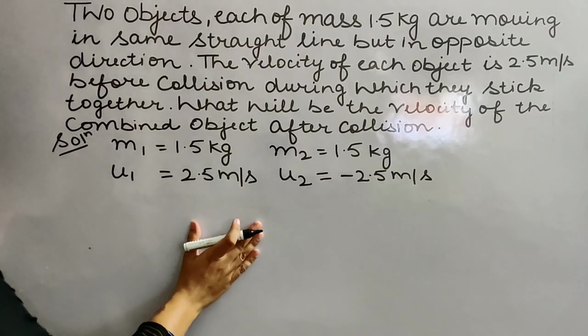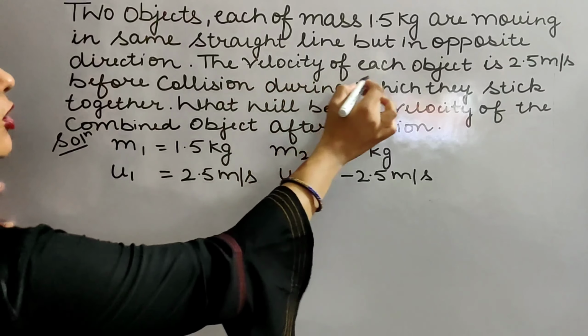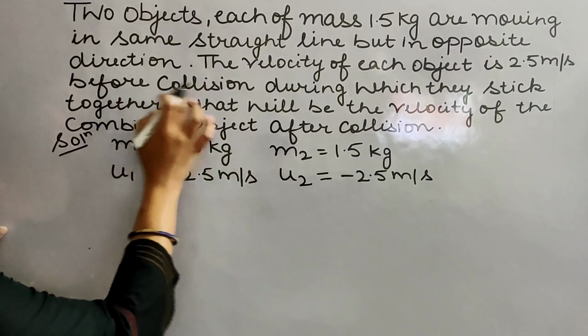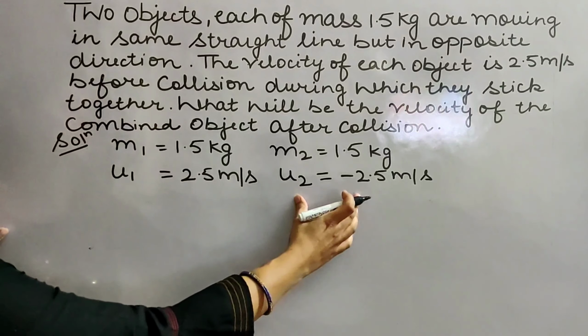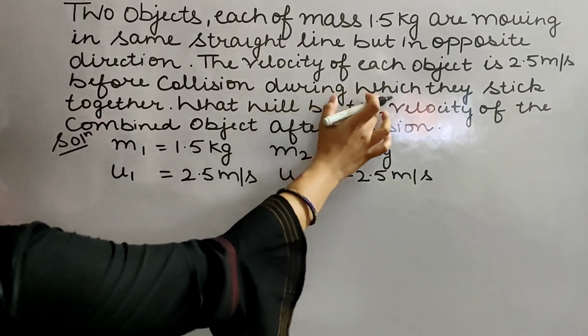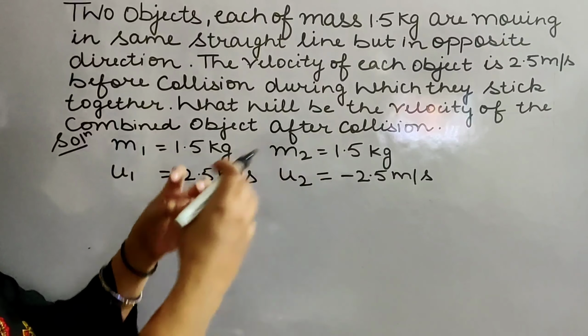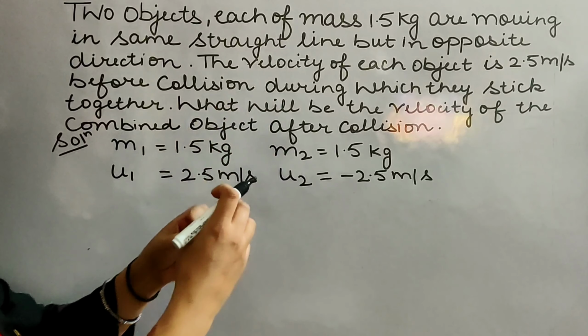See the question again. The velocity of each object is 2.5 meters per second before collision. When the objects collide, they will stick together.